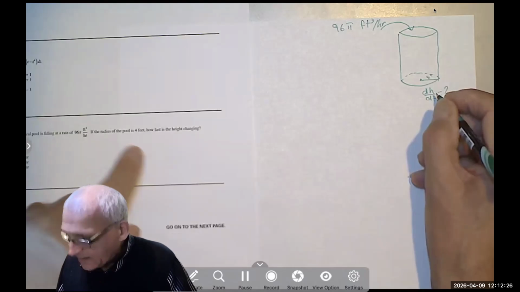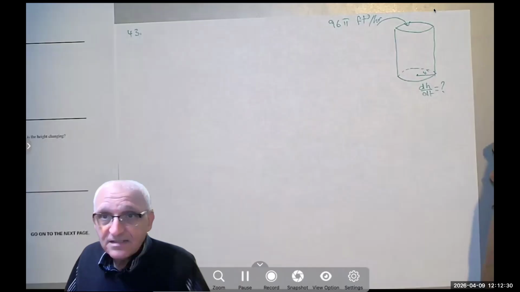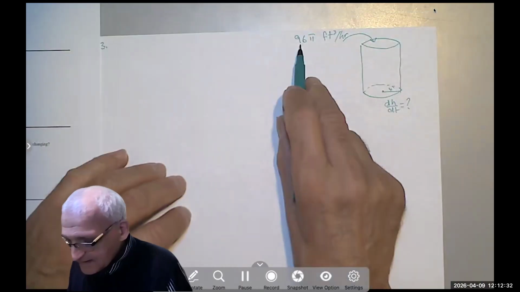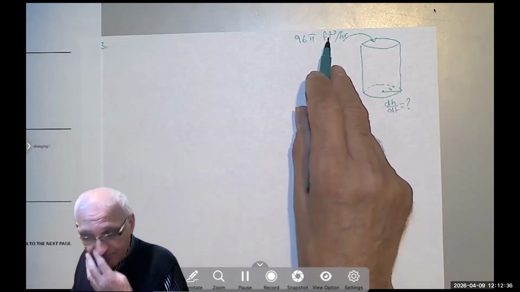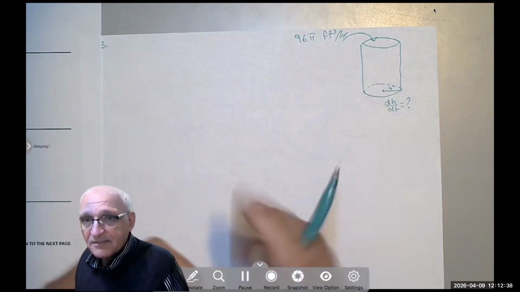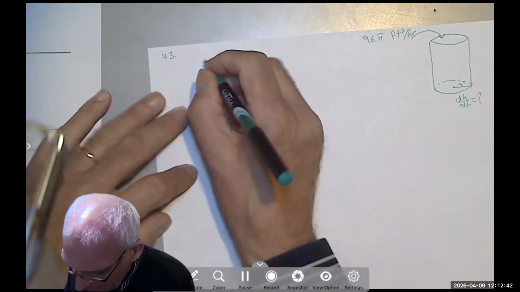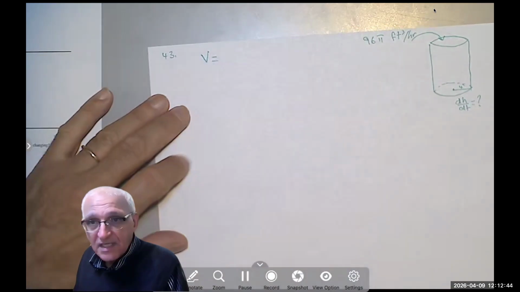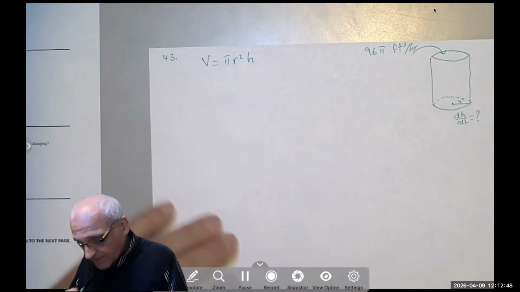Okay, so again, related rates. I have a rate. Notice a cubic foot is a volume and hour is a time. So basically, that's dV dt. So I have to write the volume, and the volume is pi r squared h, right?